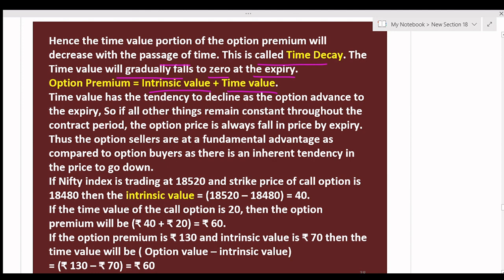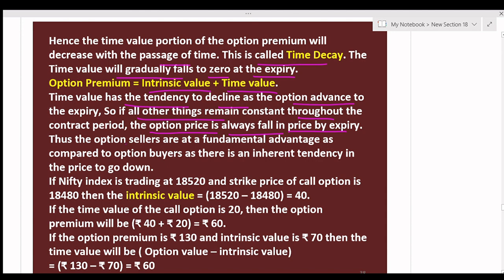And time value, you have just covered. The longer the period, the higher the time value than for a short period. The time value has the tendency to decline as the option advances to expiry. If all other things remain constant throughout the contract period, the option price will always fall by expiry.